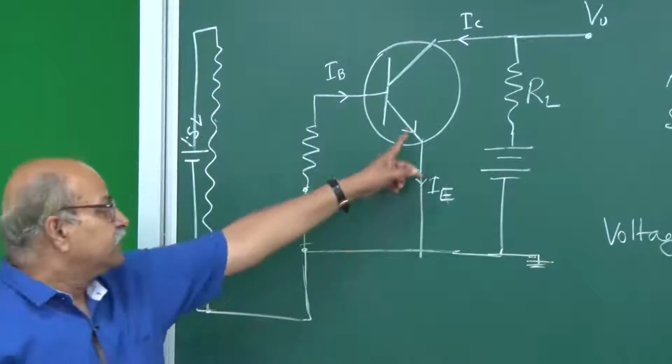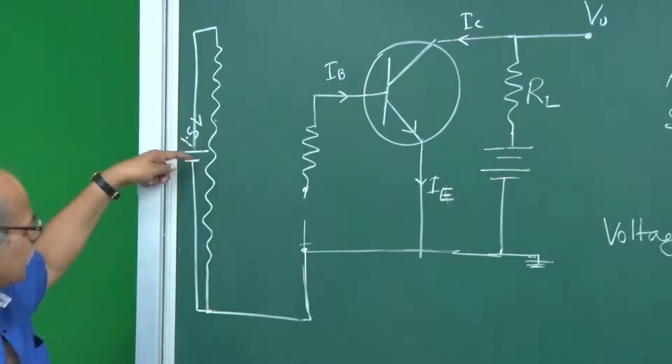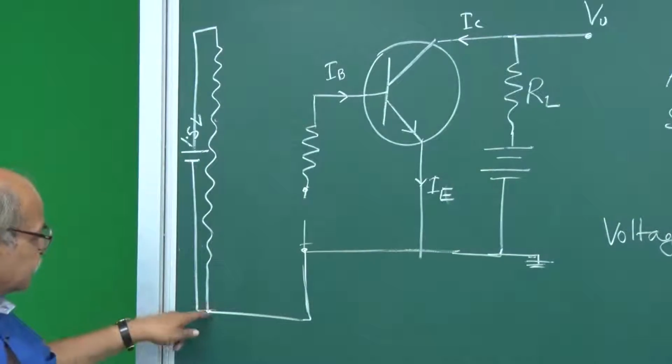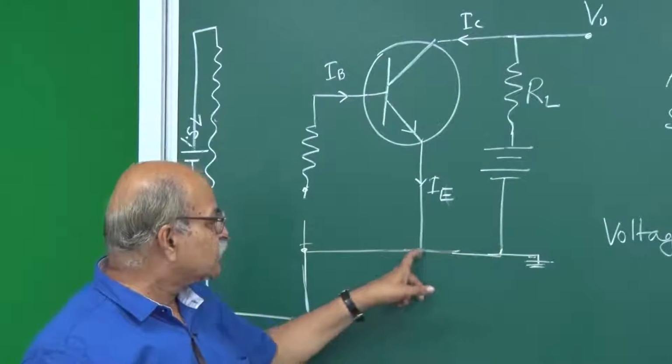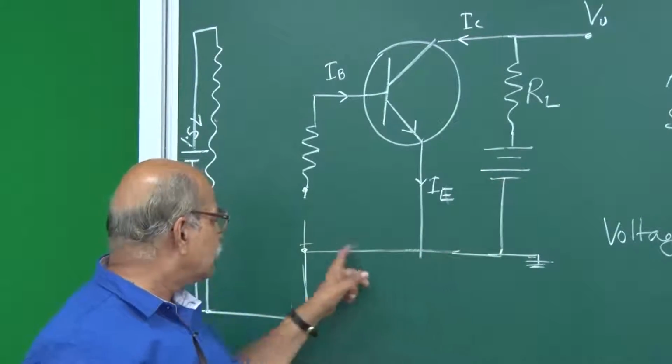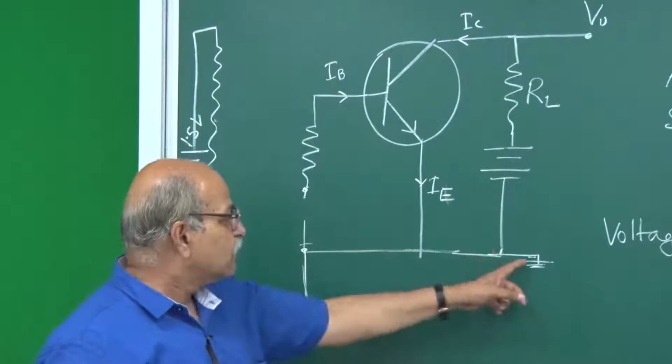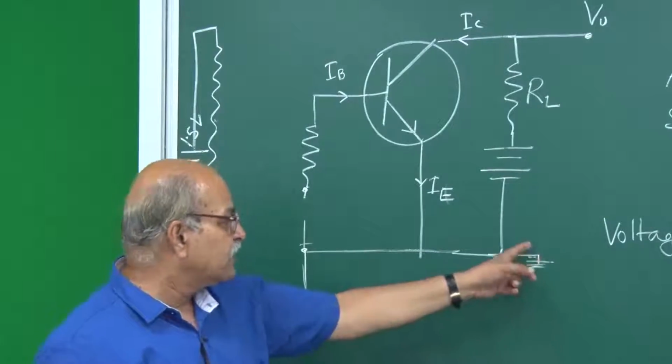You see the emitter terminal, the negative terminal of this battery here, and the negative terminal of this battery here, they are all connected together, and that is called 0 potential, which we call earthing or grounding.